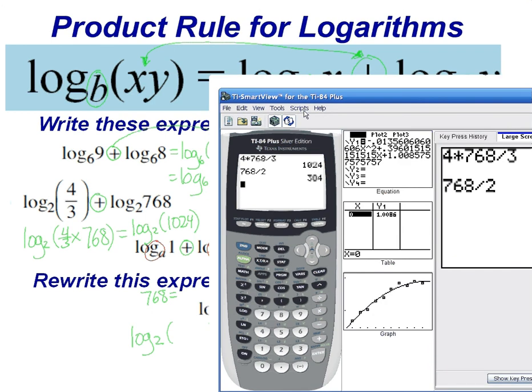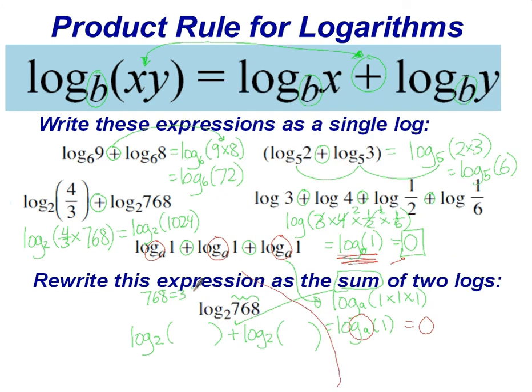So 768 is 384 multiplied by 2. So if we write that, this multiplication becomes the plus sign, and what we're going to have is log base 2 of 384 plus log base 2 of 2. So there is the answer. I'll box it in blue so we can see. Now that's just one of an infinite number of answers. You could write a bunch of different things in there.